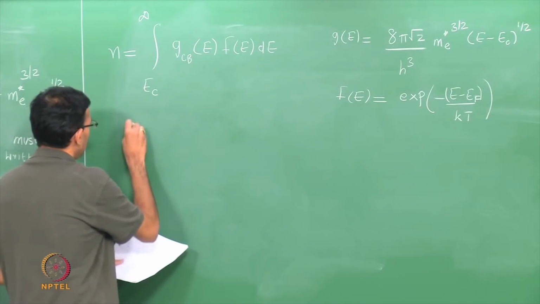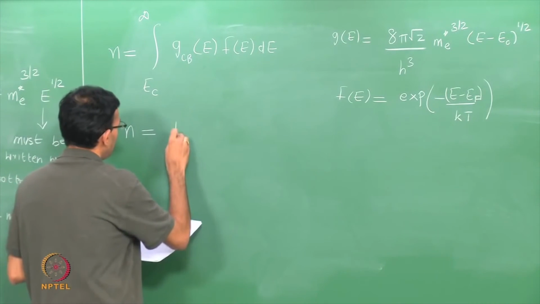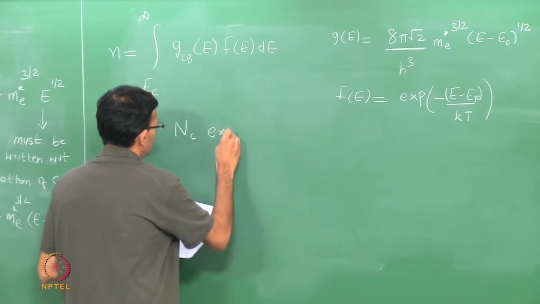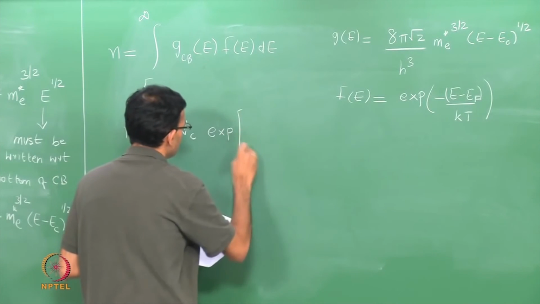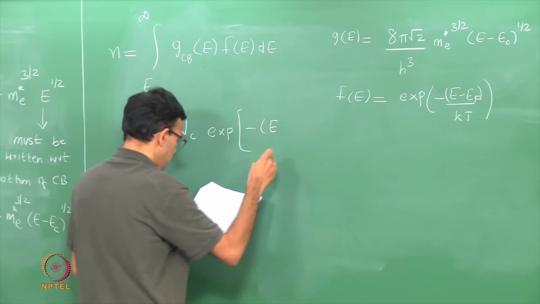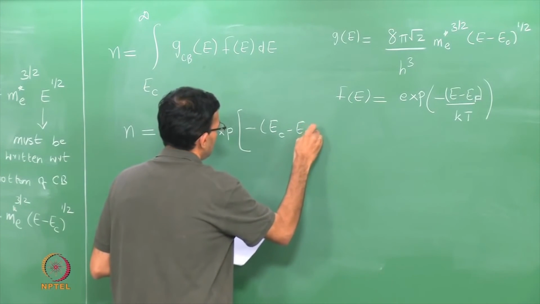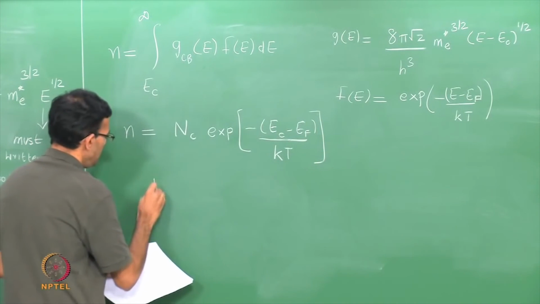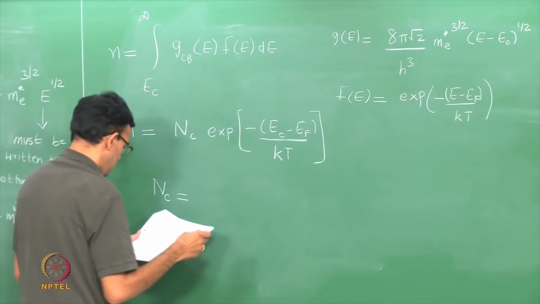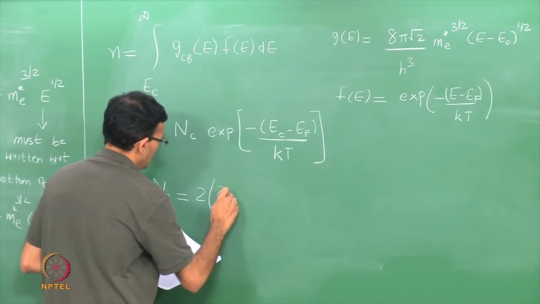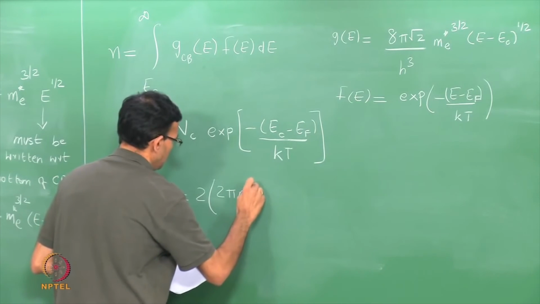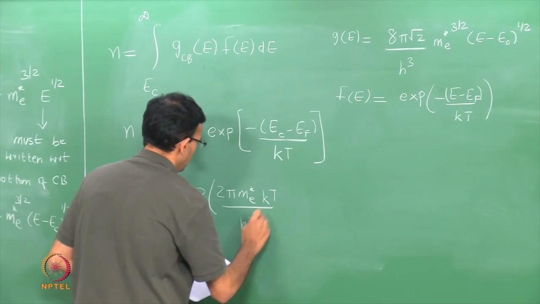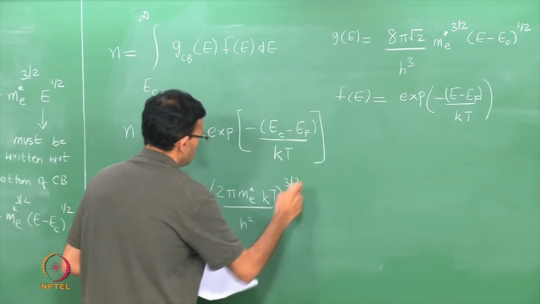When we do this, we get n is equal to Nc, which is a constant at a given temperature, times exponential minus Ec minus Ef over kT. Nc is nothing but 2 times 2 pi me star kT over h square whole power 3 over 2.